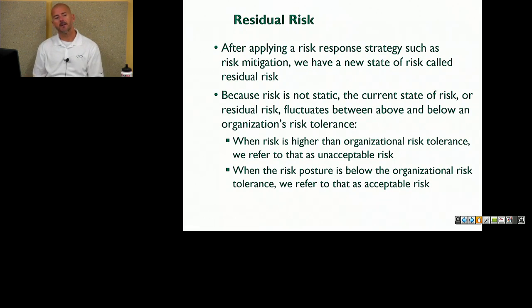Residual risk. So we've identified our threats, we've identified our vulnerabilities, we've identified likelihood and impact. If we calculate that out, that is our inherent risk level. Generally, it's going to be in that extreme category and/or high risk area, just because we're not assessing controls yet. It's just the threats and the vulnerabilities for each asset. Take one asset.